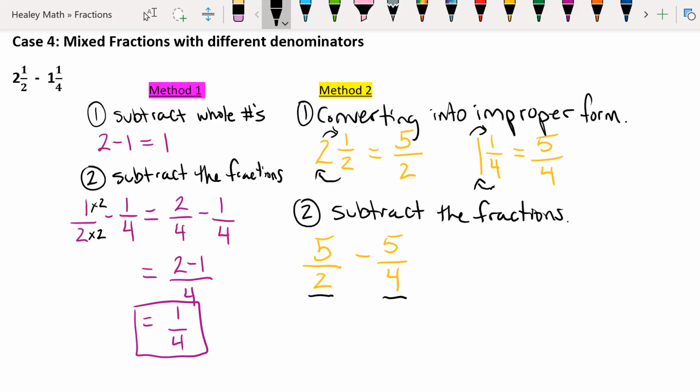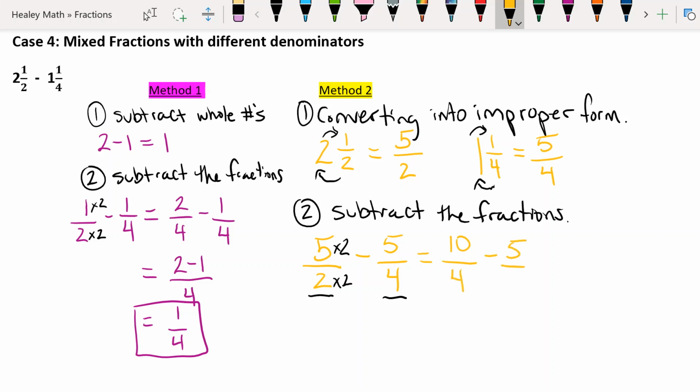So we need to make them the same denominators. And I know that if I multiply 2 times 2 will give us 4, which means that our denominator will be the same. And in order to do this, I must multiply the top by 2 as well. And our new expression will look like 5 times 2 is 10, and 2 times 2 is 4.